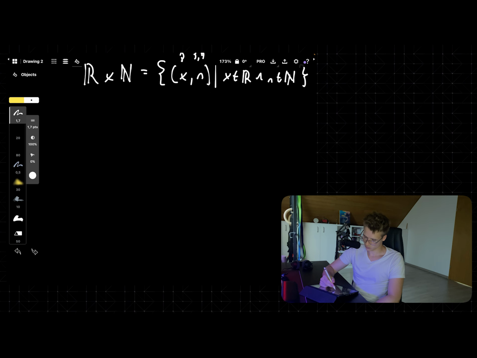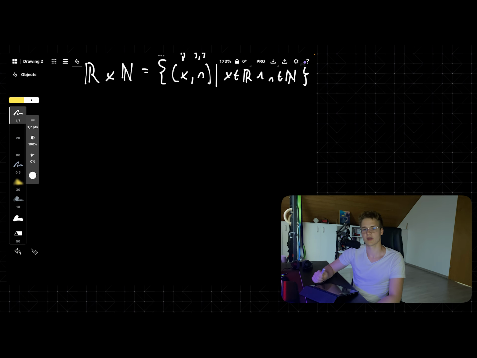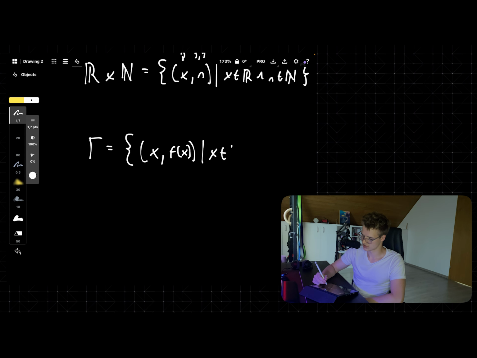Well, what we can do is use it to actually write the graph. We usually use gamma, so gamma is the Cartesian product of x and f of x, such that x belongs to the domain D. So we use this to define the graph: the first element is from the domain and the second element is from the codomain.